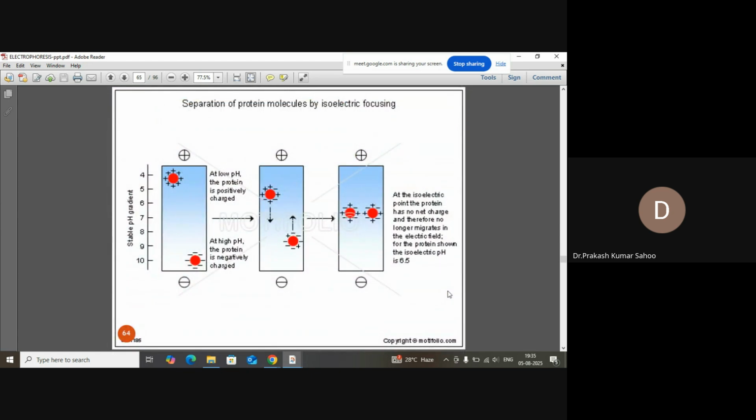It is about separation of proteins by isoelectric focusing, where the proteins get separated using the same principle of electrophoresis.